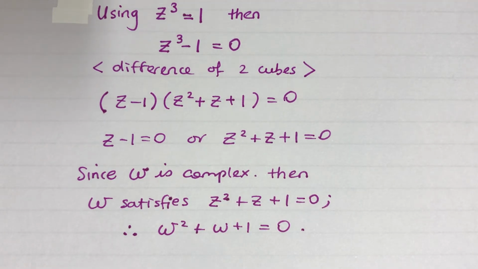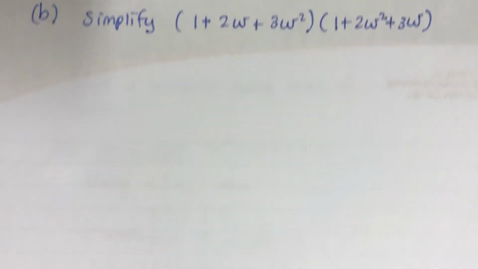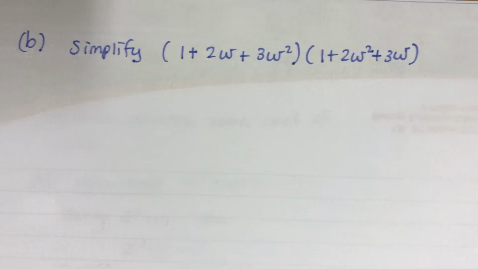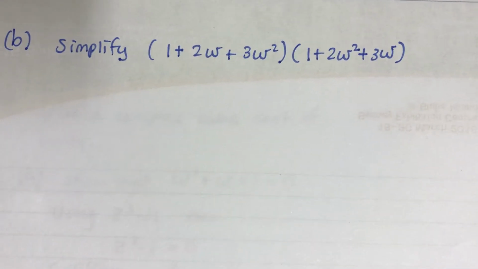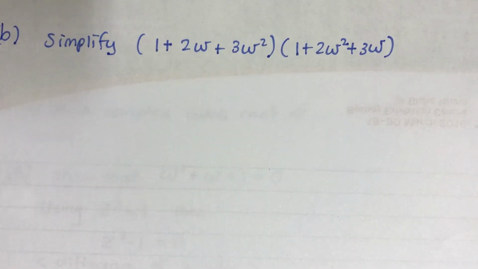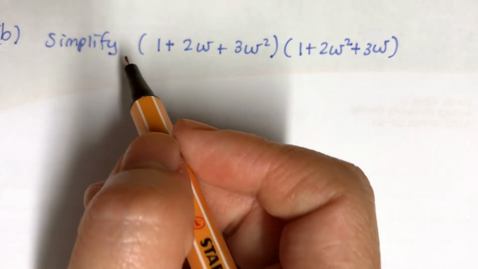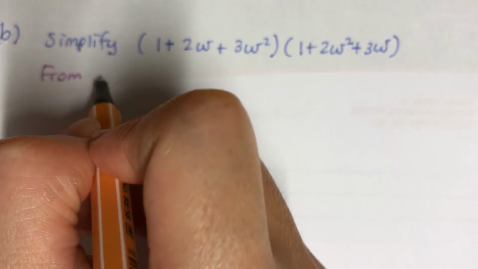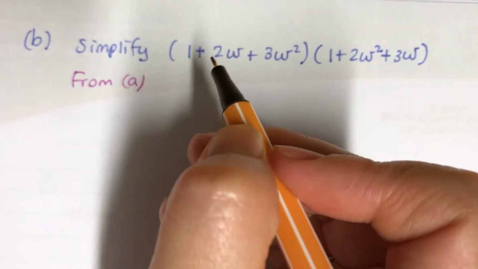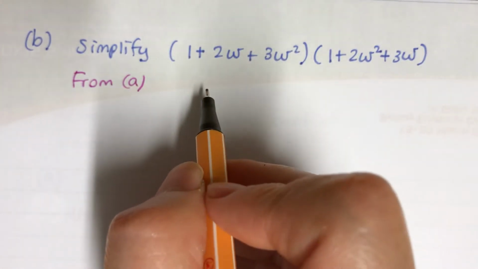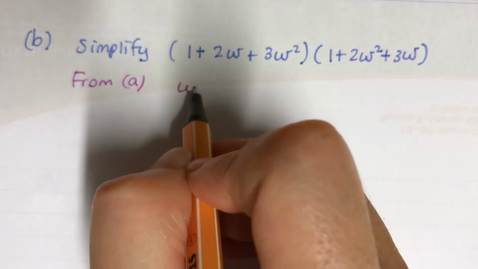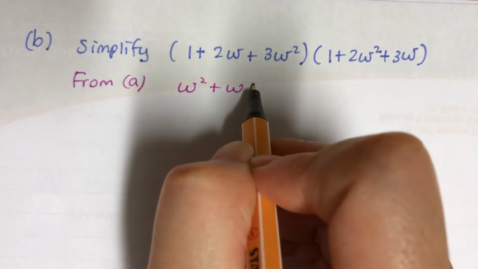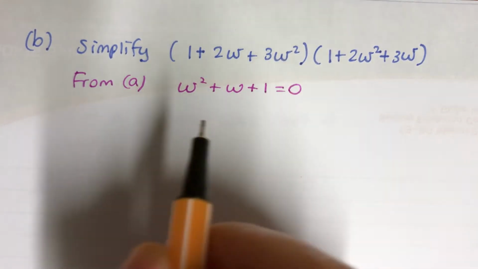Okay, now part B, I'm going to put part B here, push it down. Part B was to simplify these. Now from part A, we know that omega squared plus omega plus 1 equals 0.